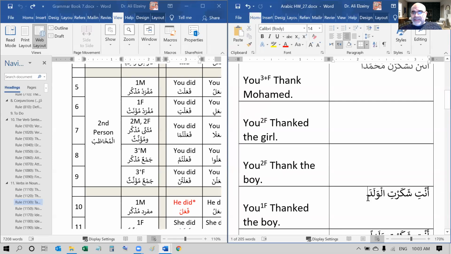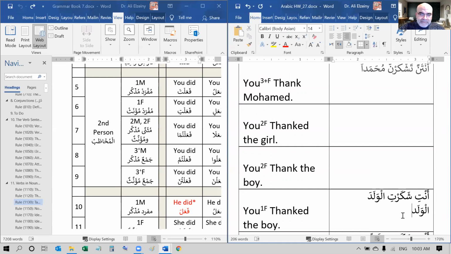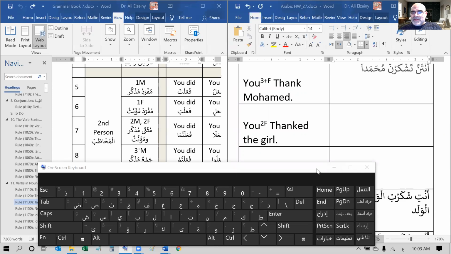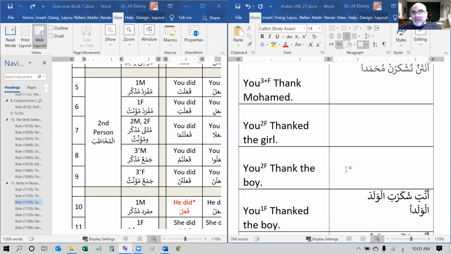So if I say الولدان and then put the alif and then put the tanween, absolutely wrong. Why? Because you can't have tanween and alif lam together. This is a rule that's written here.